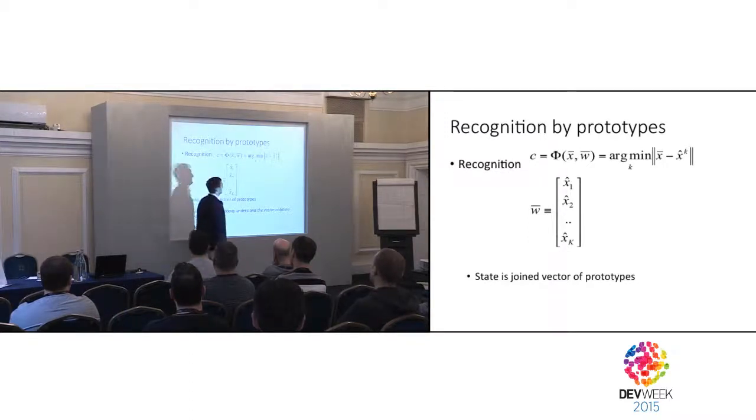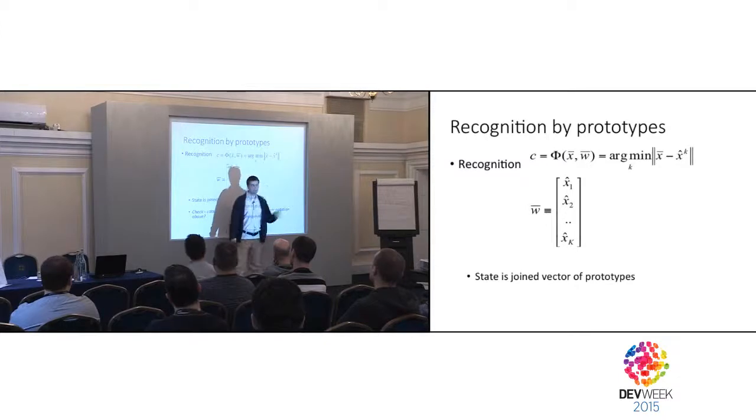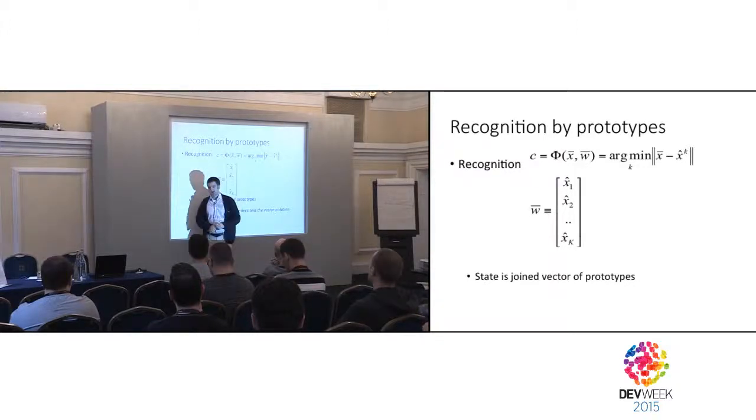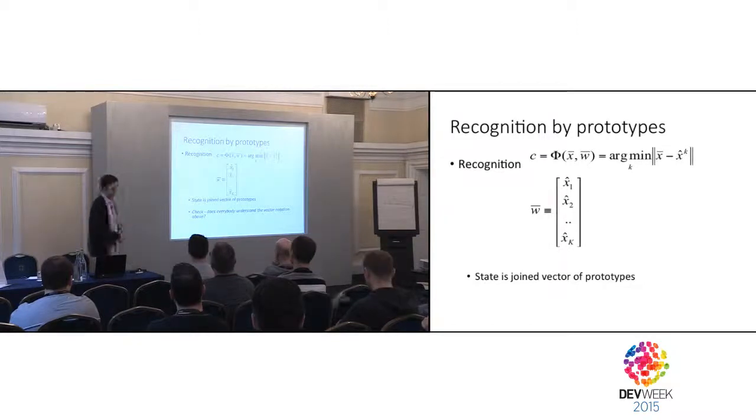If we think of the feature vectors as points in multi-dimensional space, for example, in two-dimensional space, that would be just a point on a map. Then we assign the object a class label by the nearest prototype to this point.